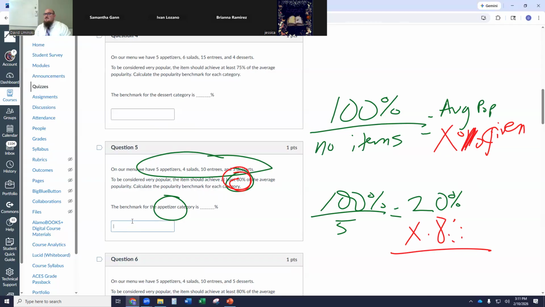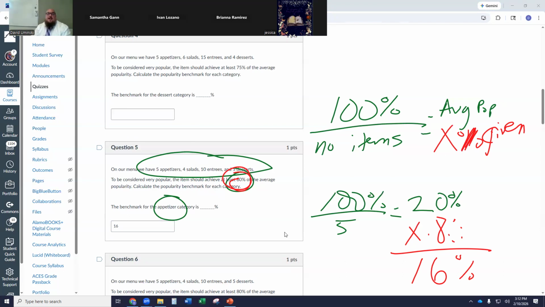It should be 16. Yeah, it's 16%. So my answer is 16. That is my popularity benchmark. That's what I would use to compare all the popularity numbers to 16 to determine what is higher or lower.